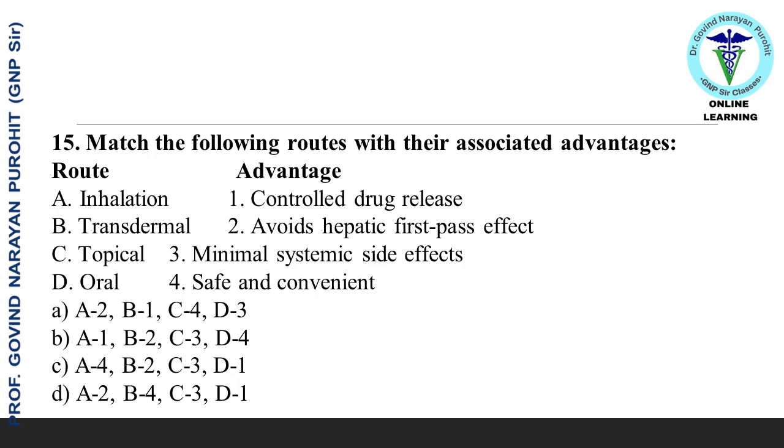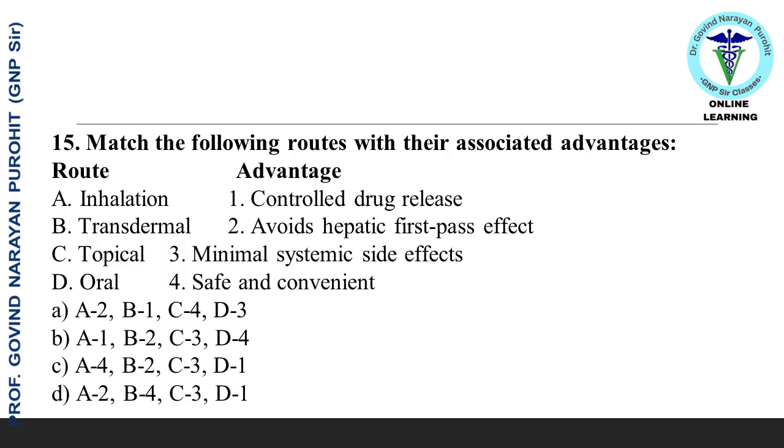preparations. 15. Match the following routes with their associated advantages. Route, advantage. A. Inhalation, 1. Controlled drug release. B. Transdermal, 2. Avoids hepatic first pass effect. C. Topical, 3. Minimal systemic side effects. D. Oral, 4. Safe and convenient. A. A2, B1, C4, D3.